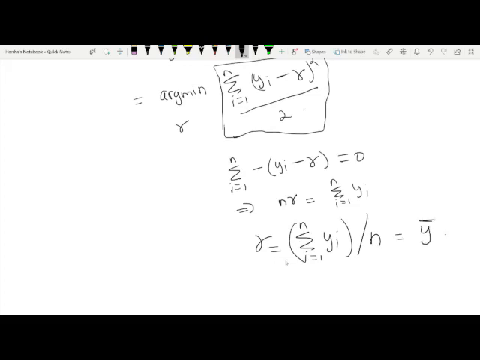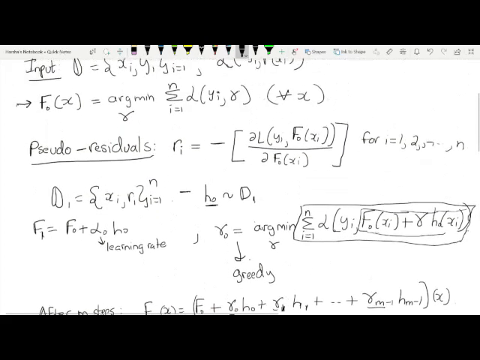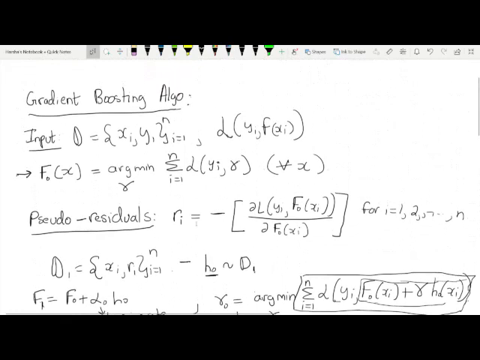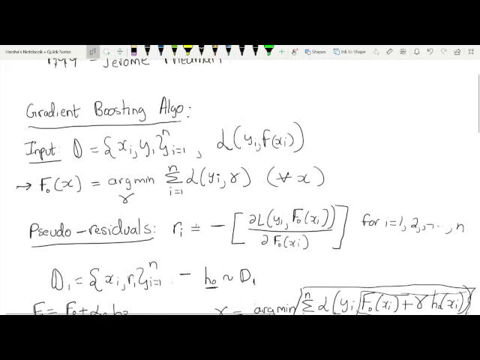So if this was our choice of loss function, our first prediction would just be the constant, the average of all the yi's. And this makes sense because we're trying to find one gamma which represents all the yi's pretty fairly.